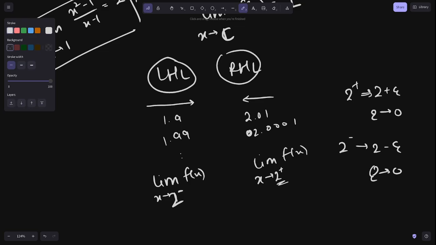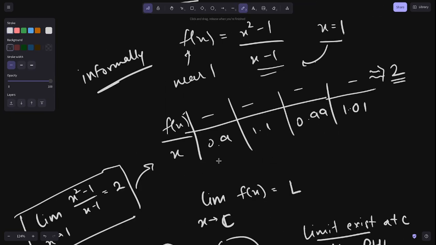So we discuss something called, does the limit exist? The limit only exists at C if LHL is equal to RHL. In our case above, the LHL value was coming out to be 1.99999 something.